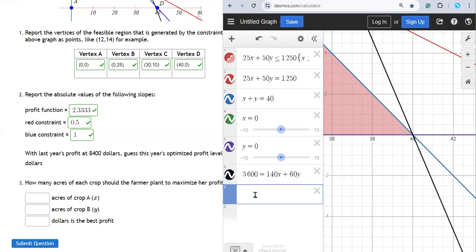Well, my profit function is 140x plus 60y. At point D, x is 40 and y is 0. Well, that's 5,600, right? So guessing 5,600 got us the correct answer.